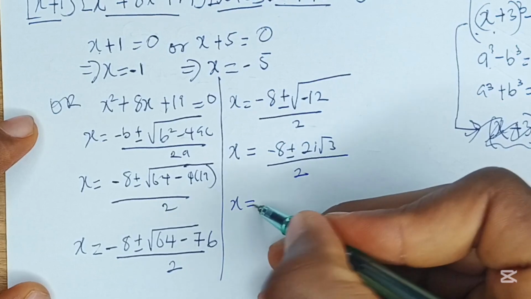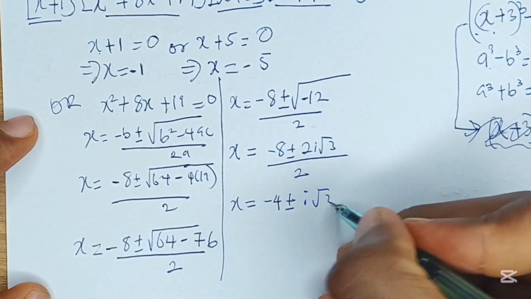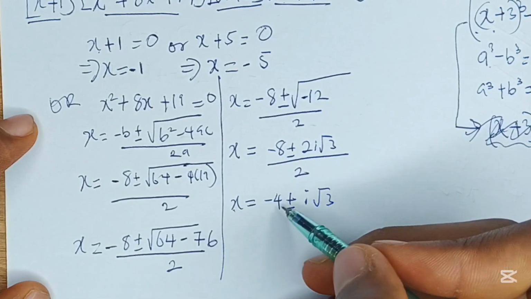Hence x will be equal to -4 plus or minus i root 3. These are the second set of answers for x.